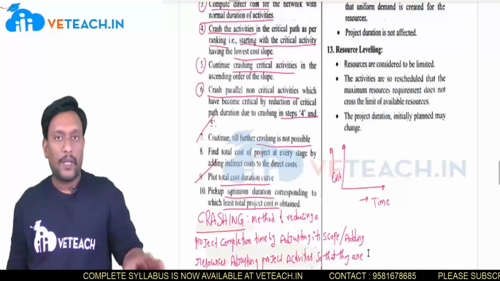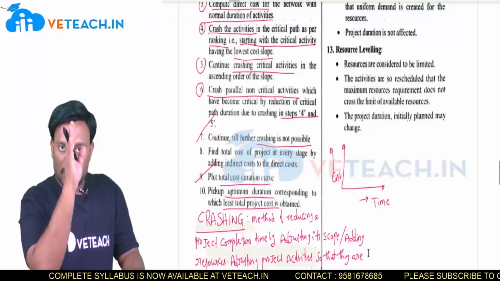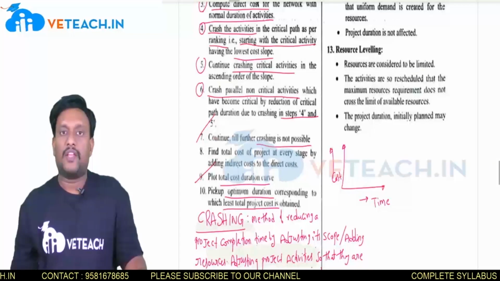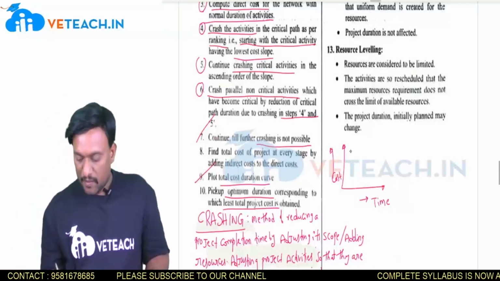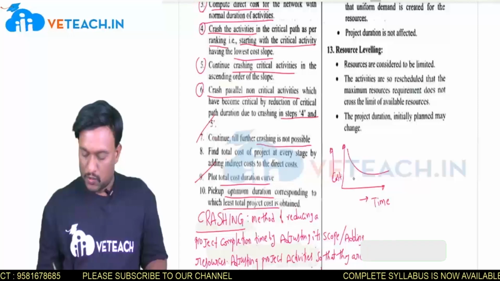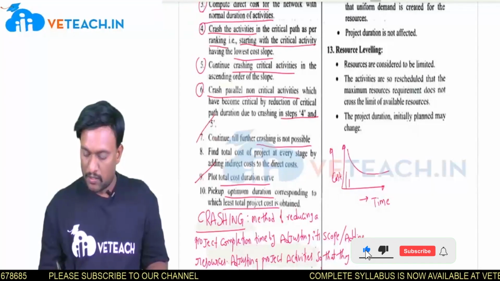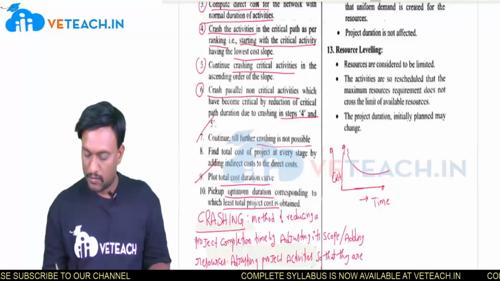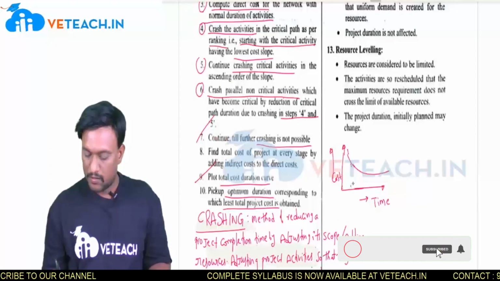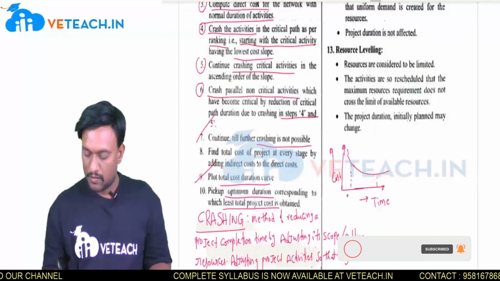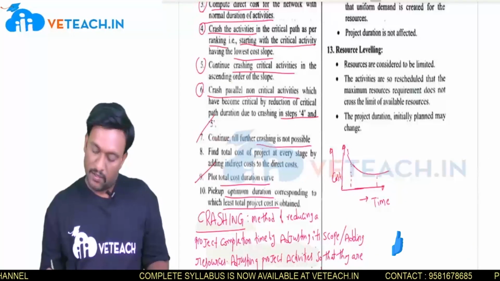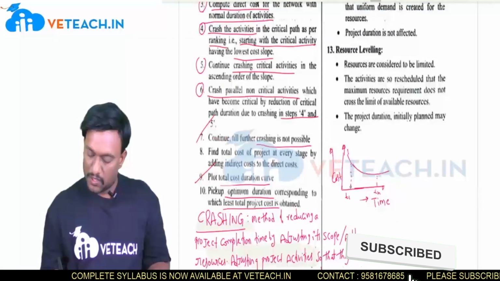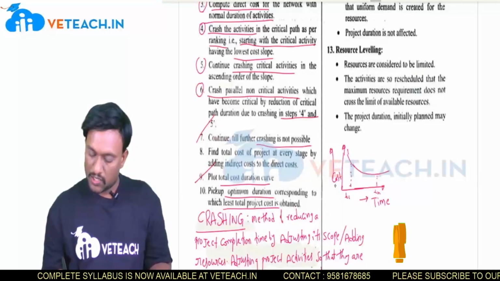So you have to pick the cost on the y-axis with the least time. That means the optimum time. For example, if you got a graph like this, here I have the normal time. Say this is the crash time and normal time TN. With respect to this, the cost is the crash slope.